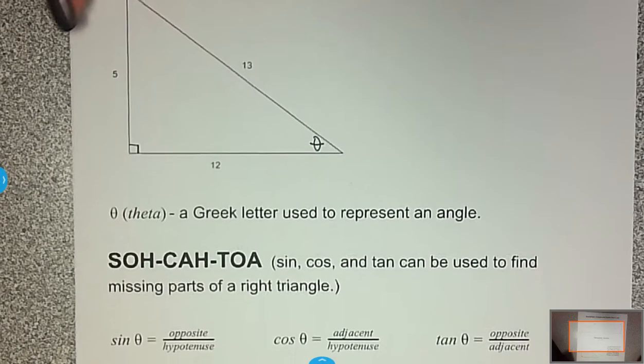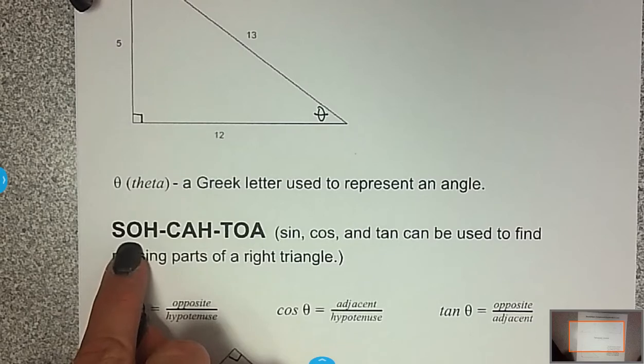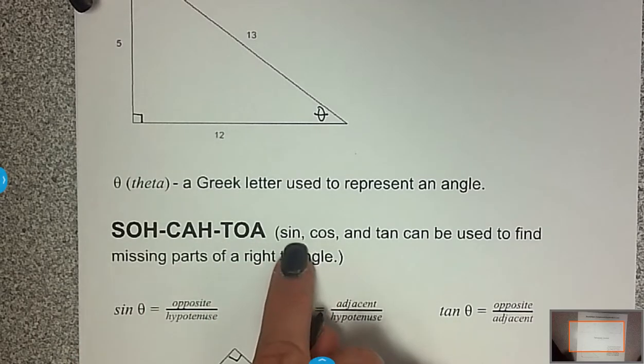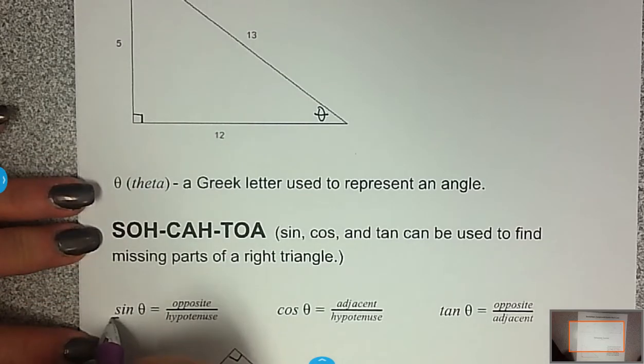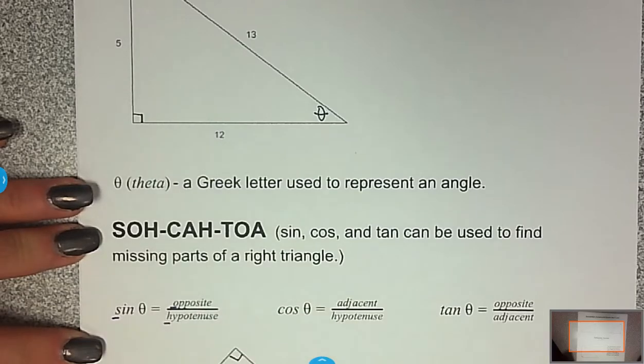The other thing here is your review for sine, cosine, and tangent. I always teach this using SOH CAH TOA. That is for sine, cosine, and tangent, can be used to find the missing parts of a right triangle. And here's how. The S in sine, the O in opposite, the H in hypotenuse.